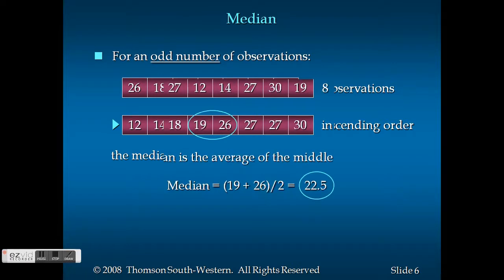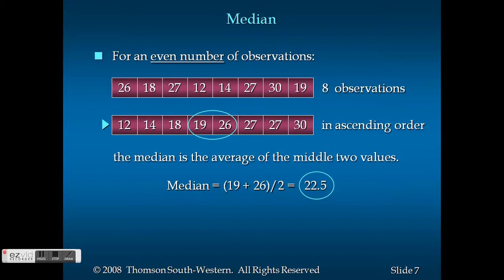If there is an even number of observations, you simply take the two middle numbers and find the average of the middle two, and that's your median. So when you have 8 observations, it's obvious you take the 4th and 5th numbered value, but if there's more than that, let's say 70, maybe you have to think twice on what it is.